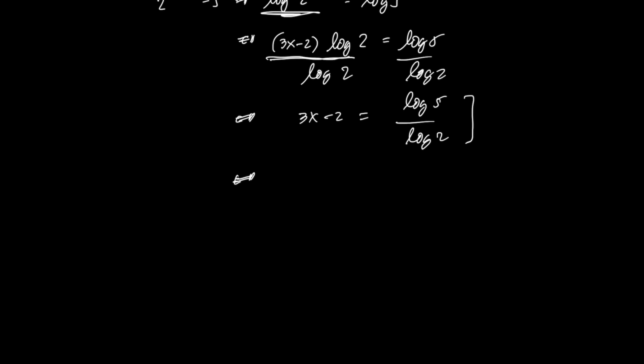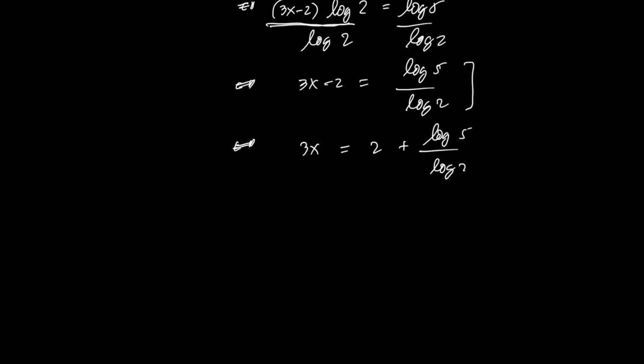Or you can use the addition property of equality to eliminate negative 2 on the side of x. So we have 3x equals 2 plus log 5 over log 2.